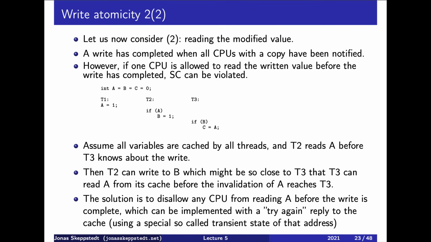So how to do that? Well, it's the same. Namely, that if any CPU wants to read this while the memory controller is collecting these invalidation acknowledgements, then it should simply also say try again to that cache.